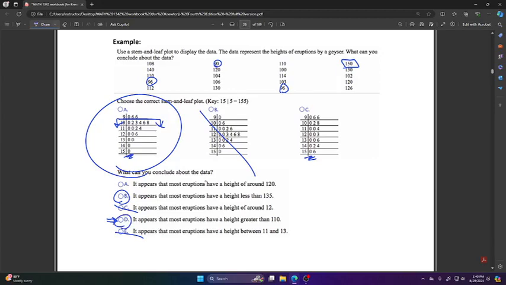So can y'all understand that they have a height less than 135? That's going to be these guys and up. Does that make sense? But I also like what y'all say because it has a more than this 110, which is going to be... 110 is not where I did this line. No, look, I messed up. 110, that's an 11 with a 0.